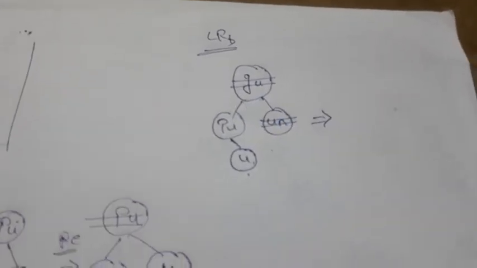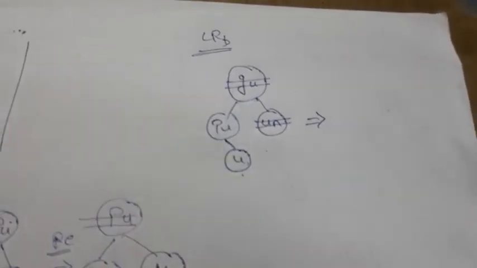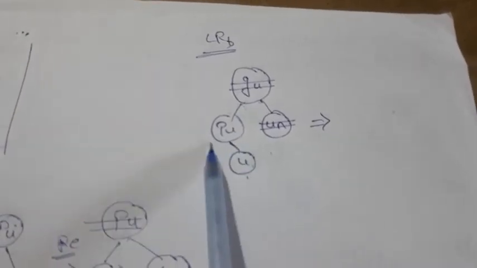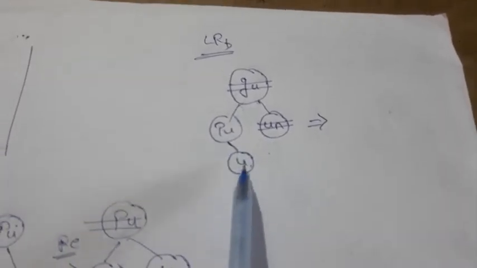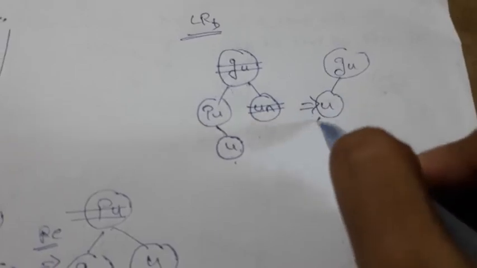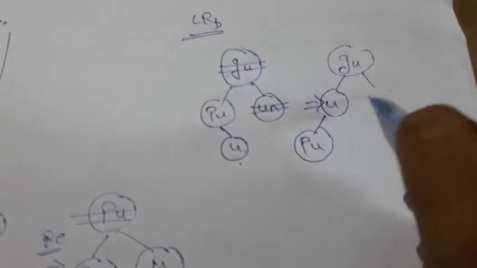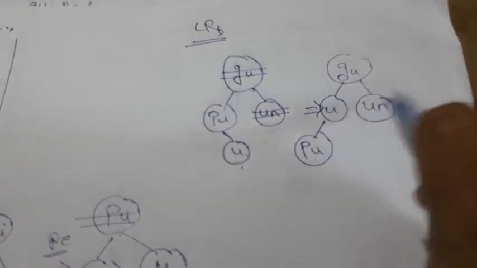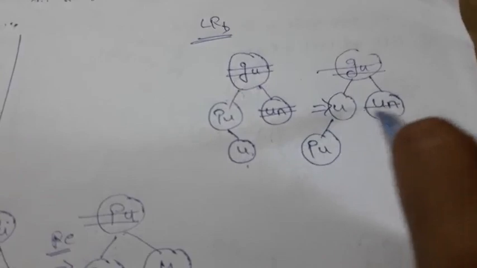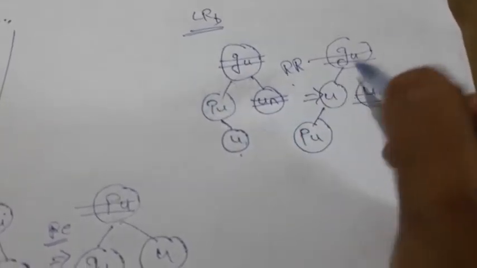Then the tree is transformed: the positions of U and PU change, giving GU, U, PU, UN. The colors remain as they are, GU black and UN black. Now I completed one rotation, that is RR.